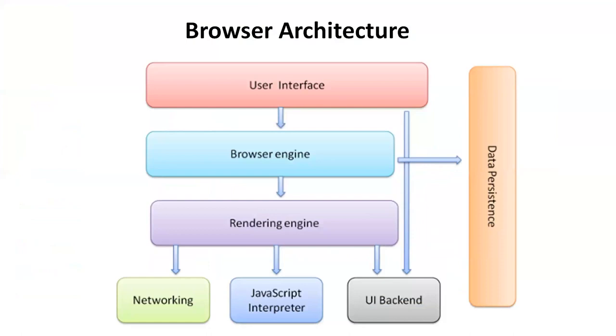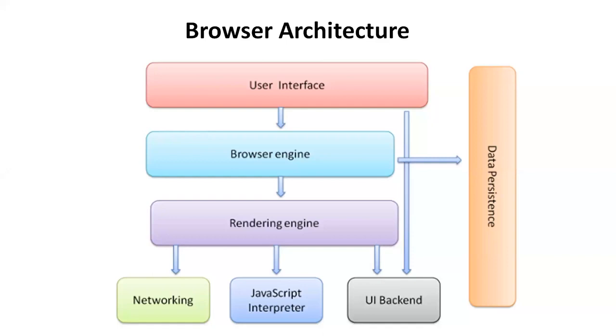Every browser in the world contains this. Internally, a browser comprises these things. So a browser has so many things. I will explain these points. Every browser in the world comprises these things. Let's see what these are.